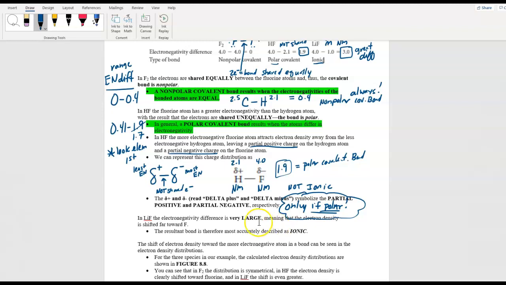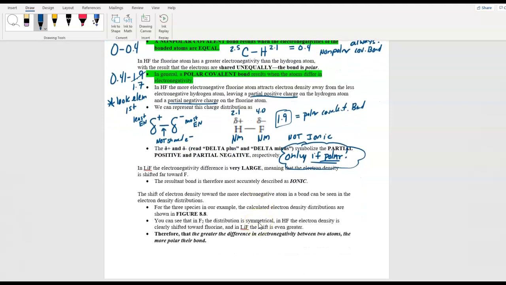If you have a metal, and you've already done the math, you know lithium is a metal and fluorine is a nonmetal. There's no point to do the math, ladies and gentlemen, because it is straight ionic. You have metal and nonmetal bonded together. It is not polar, it is not nonpolar, because polar and nonpolar has to be a molecule to begin with.